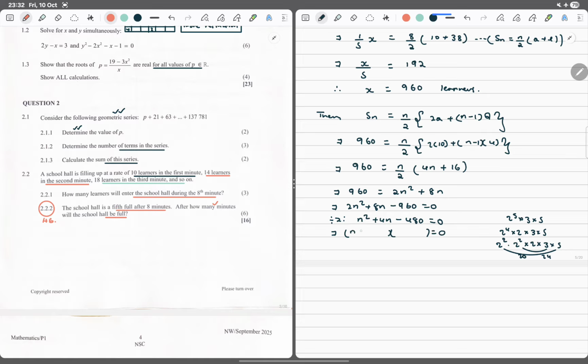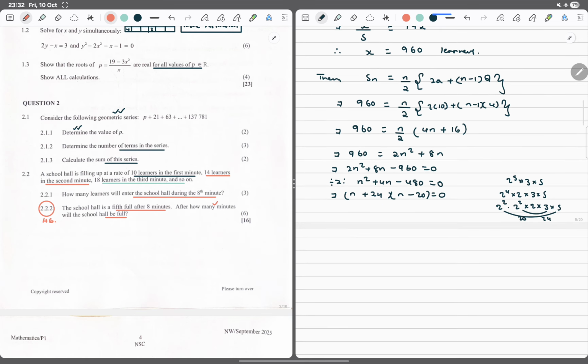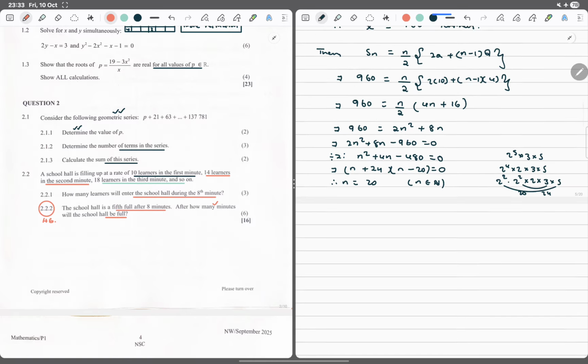We know that the bigger number is 24, so n plus 24 into n minus the smaller number. So from here, we can say, therefore, our n is basically 20. Why? Because n is an element of natural numbers, so we can't choose a negative integer.